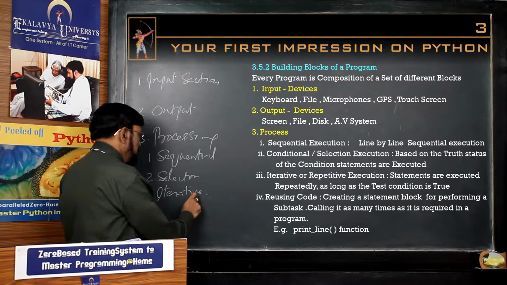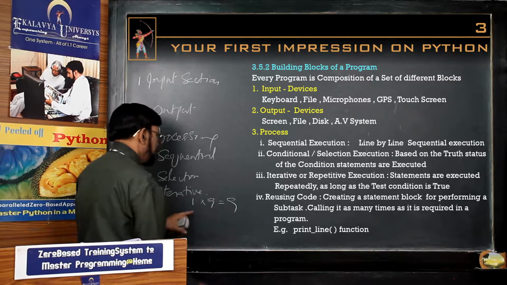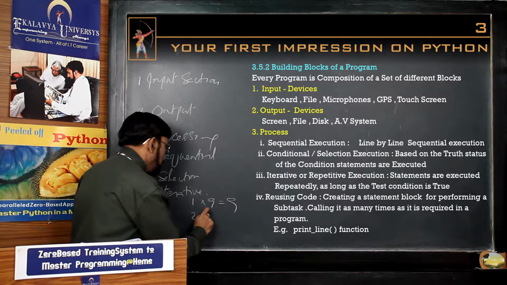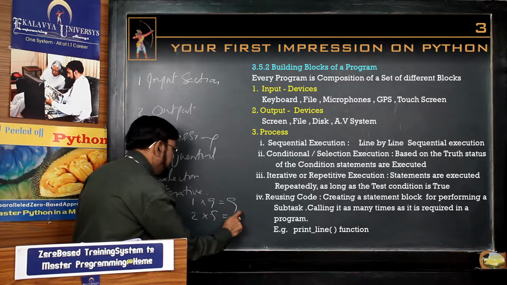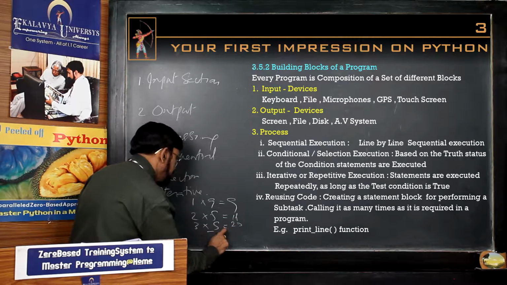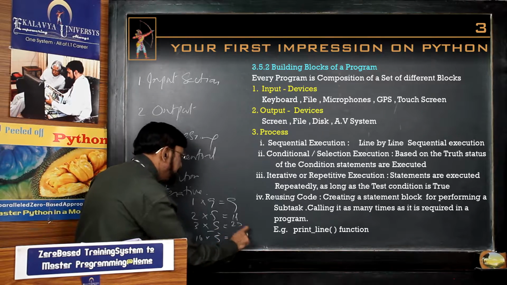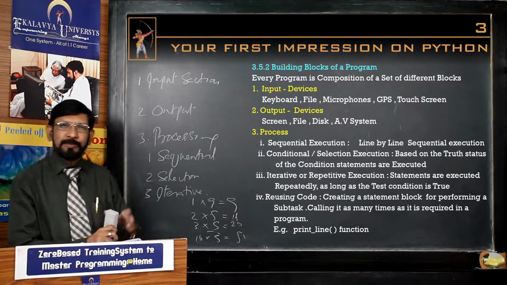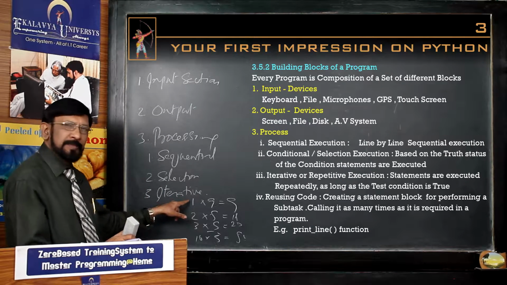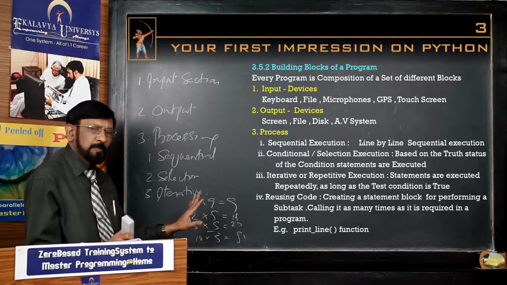Now you see, you want to print a multiplication table. 1 into 1 is 1, 2 into 9 is 18, 3 into 9 is 27, up to 10 into 9 is 90. Now you see, you are doing the iterations with a change. Where change is coming? There 1, 2, 3, 4, 5, up to 10 you want.